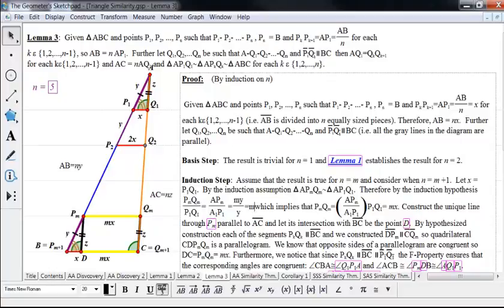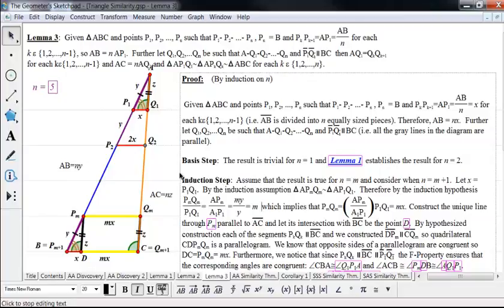And by the induction hypothesis, this ratio is also m for the other side as well. In other words, the side here from A to QM is also evenly divided up.